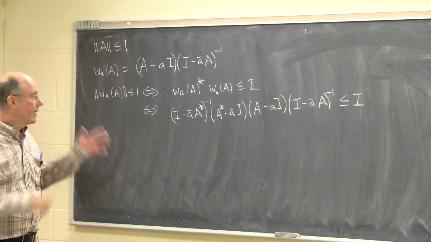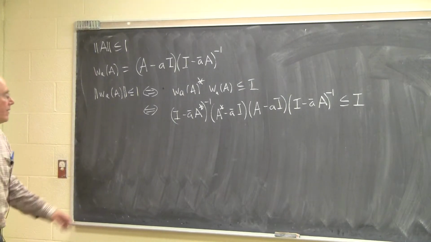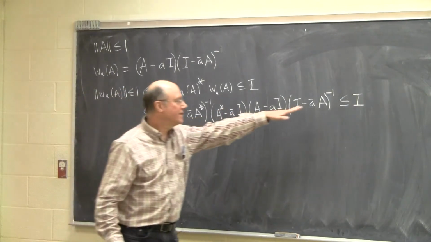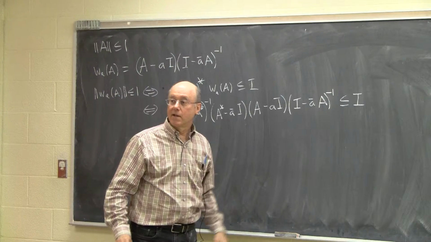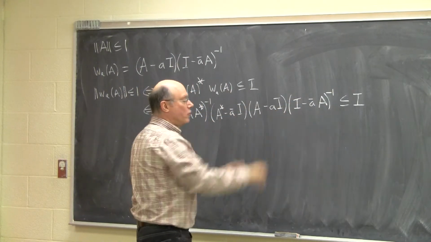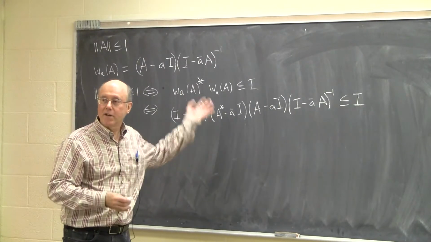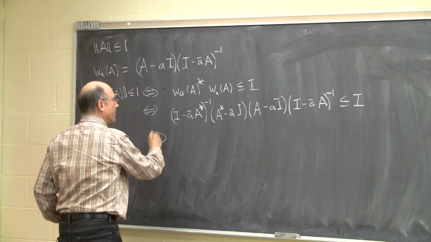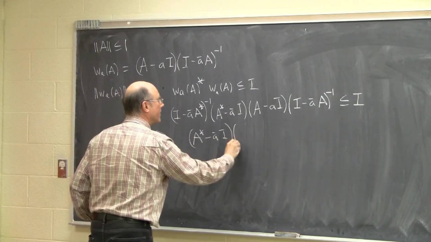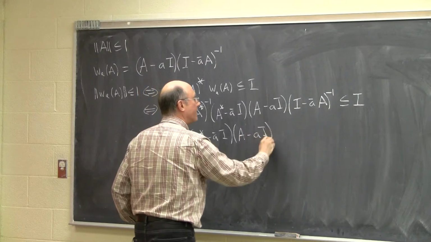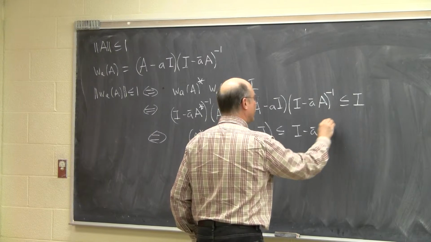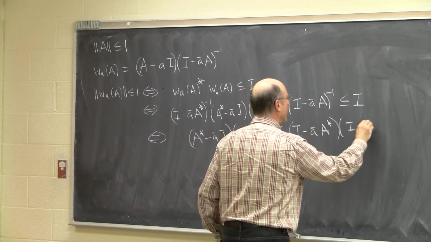Okay, but I can multiply on the left and the right by (I minus a bar A) star and (I minus a bar A), and since this is less than or equal to the identity, this will give me a new inequality, and it's equivalent because I can go back because it's invertible. So this is if and only if (A star minus a bar I)(A minus aI) is less than or equal to (I minus a bar A) star (I minus a bar A).